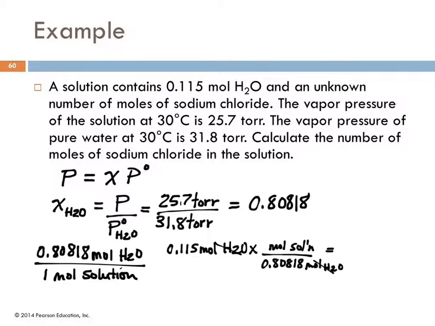We get moles of solution. 0.115 divided by 0.80818 equals 0.142295. I'm losing my sig figs here, but it's that 8, this 8, and there's 3 on that one. That's moles of solution.